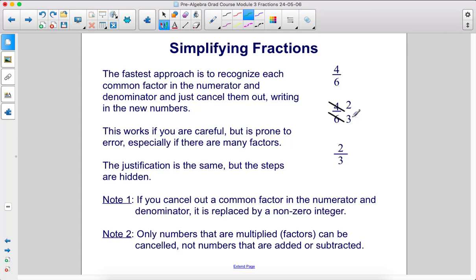This works if you are careful, but is prone to error, especially if there are many factors. The justification is the same, but the steps are hidden. Note 1, if you cancel out a common factor in the numerator and denominator, it is replaced by a non-zero integer. Note 2, only numbers that are multiplied, factors, can be canceled, not numbers that are added or subtracted.